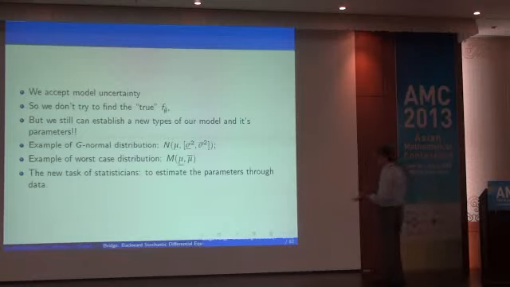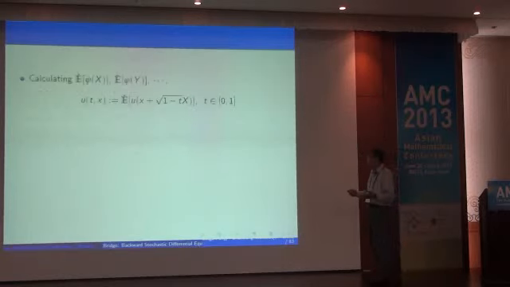They also give a new task to statisticians to estimate such parameters, like Cauchy distribution, like Poisson distribution. So for example, for calculating the G-normal distribution, we can define this u(t,x) like this.